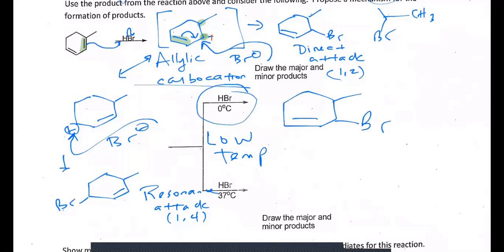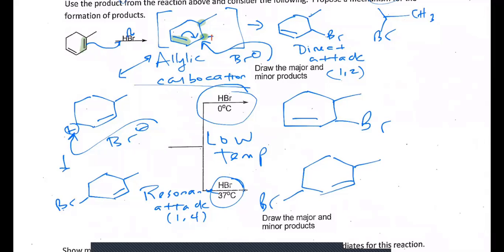So at low temperature, it's the direct attack product. And then if I increase the temperature, I'll get the resonance product as the major product.